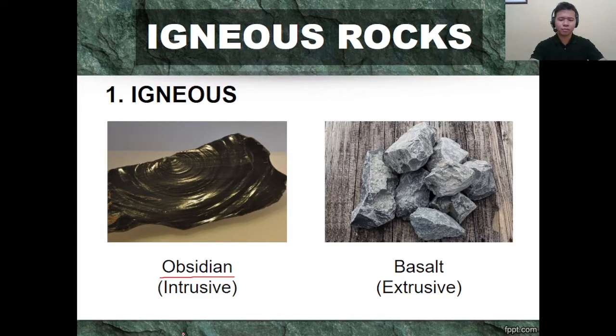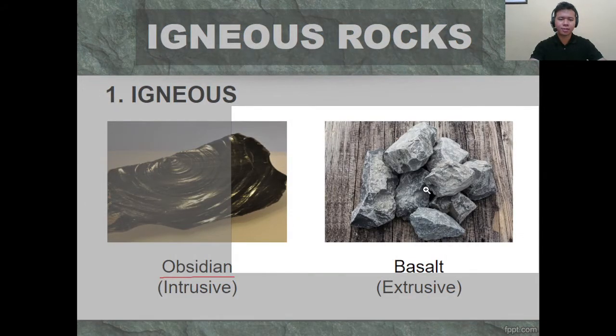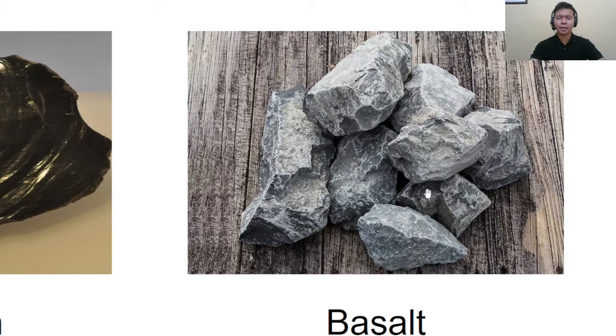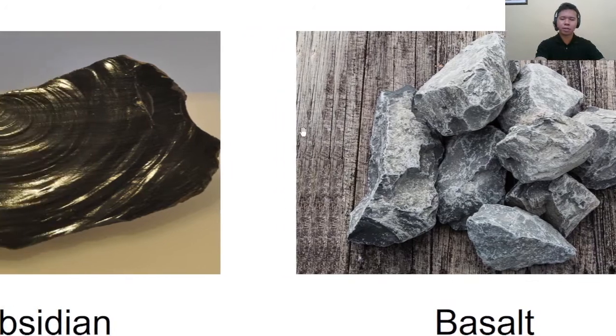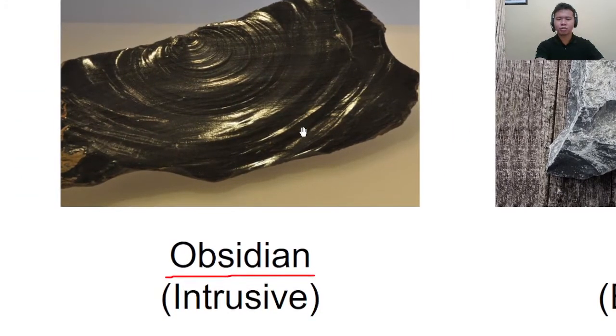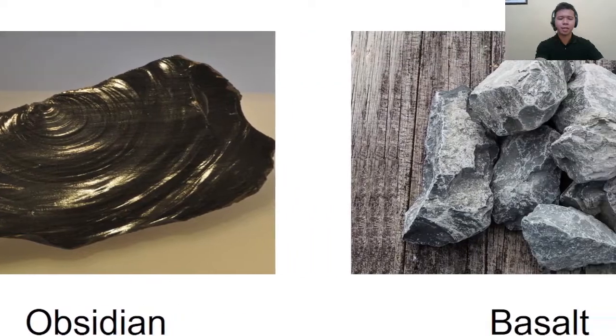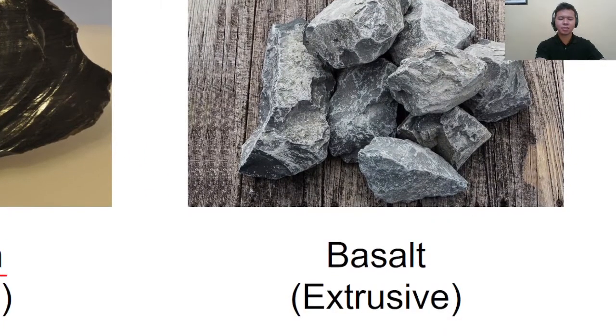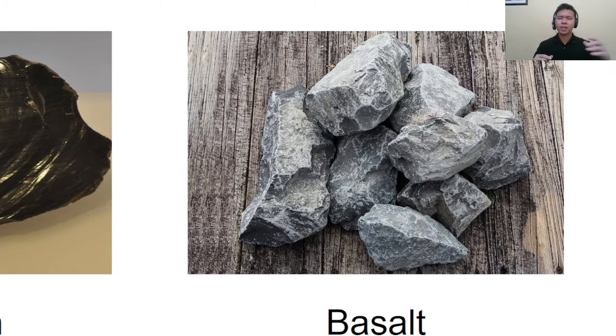While for the extrusive igneous rock, try to observe the basalt. They are usually abundant in the seafloor. Now, basalt cools fast, so it fails to develop larger crystals. That's why it's dull in appearance, meaning it's not that shiny compared to the obsidian under intrusive igneous rock. Since basalt is an extrusive igneous rock, meaning it cools on the surface, it cools at a faster rate and fails to develop larger crystals.